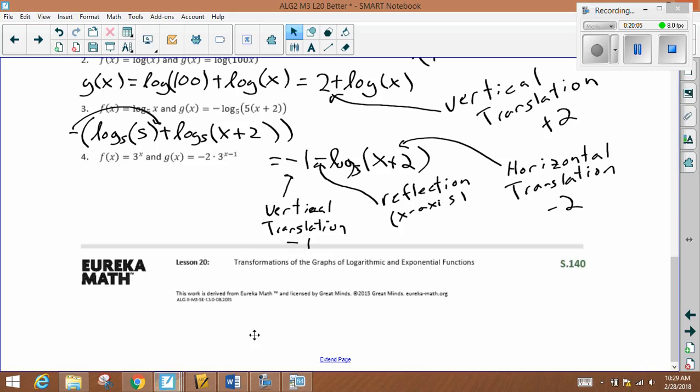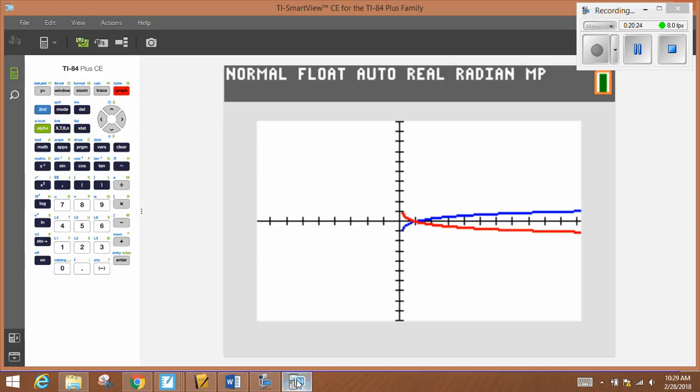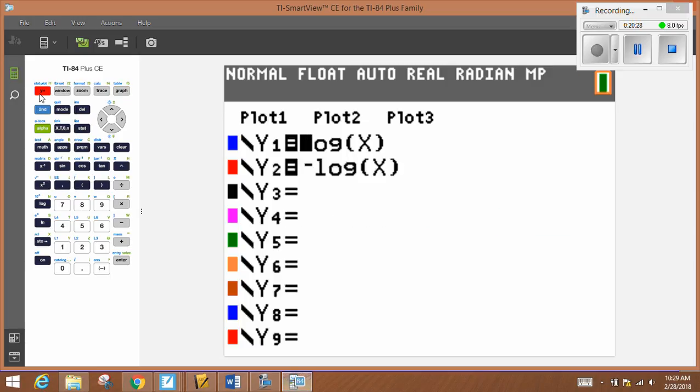All right, let's look at this. So what's going to happen with this negative sign? It's going to be a reflection. But we're not sure how it's going to reflect it. If we're not sure, let's get out our calculator. Does it reflect it about the y-axis or the x-axis? I don't know.